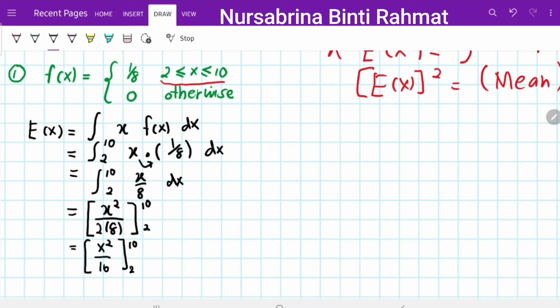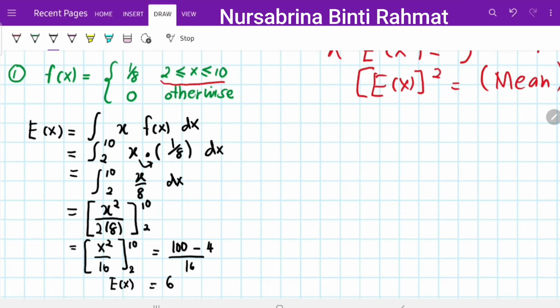We need to substitute the value when x equals 10 and when x equals 2 to get your E(X), which equals 100 minus 4 over 16. If you simplify this, you should get your E(X) to be 6. So this is the mean for the given probability density function.